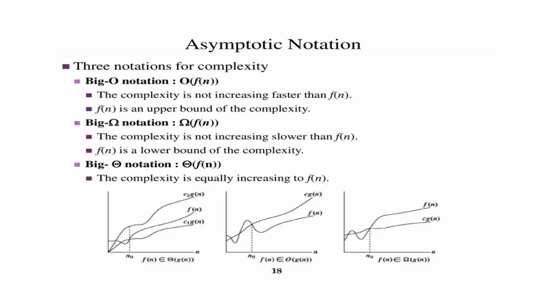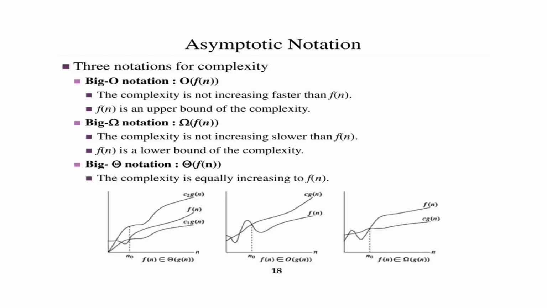So, according to time complexity, in asymptotic notations also we have three notations: big O notation, big omega notation, and big theta notation. In big O notation, the time complexity is not increasing faster than f of n, so it is calculated for the upper bound of the complexity.